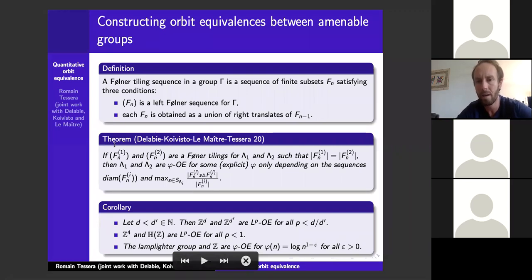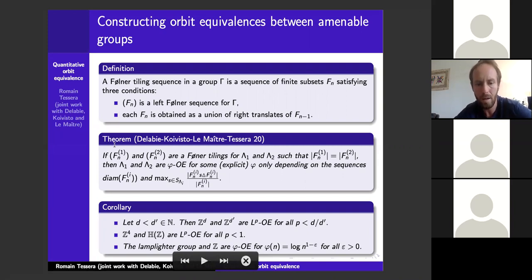Whereas here, we are only constructing specific actions for which the groups are well connected in a way, you know. Like we are not proving that for all actions of Z, for instance, there exists an action of Z square which is good, if you want. Okay, so it's only for very specific actions.